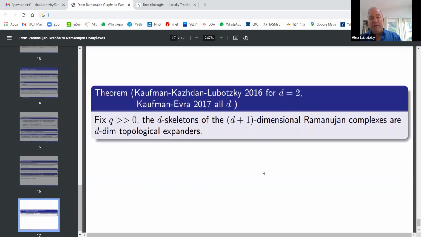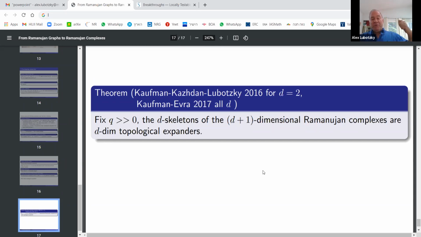Eventually, it turns out that these Ramanujan complexes are solving also this problem, but in a very strange way. You may expect that I'm going to tell you the d-dimensional Ramanujan complexes are also topological expanders. They have this Gromov property. I don't know that. That's still an open problem.